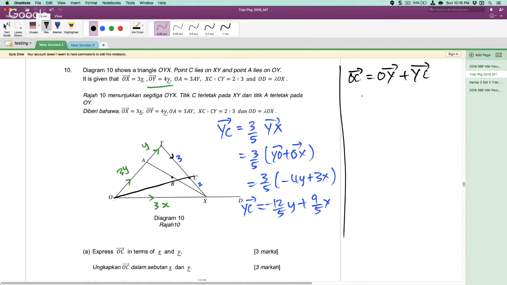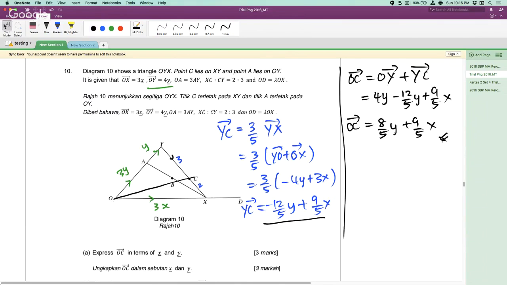OY is just 4y, and YC we've just found, negative 12 over 5y plus 9 over 5x. So 4 minus 12 over 5, which is 20 over 5 minus 12 over 5, I get 8 over 5y plus 9 over 5x. This is OC. You will get 3 marks for this.